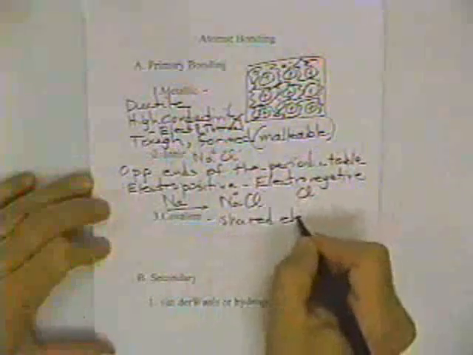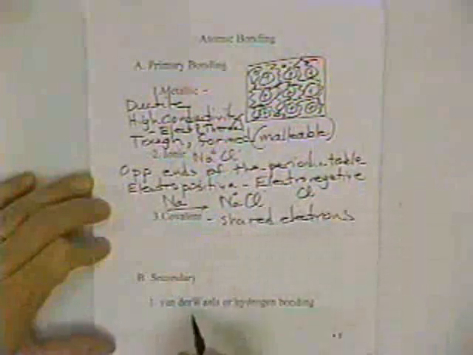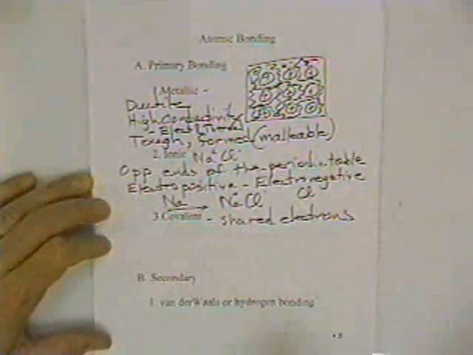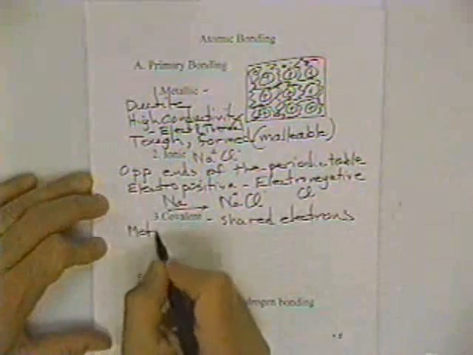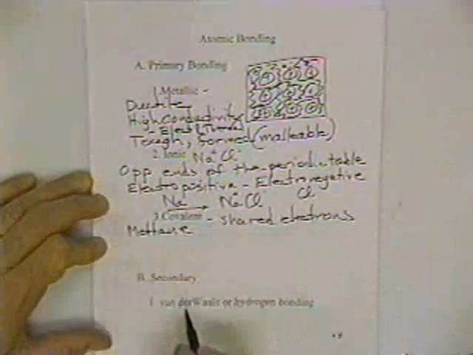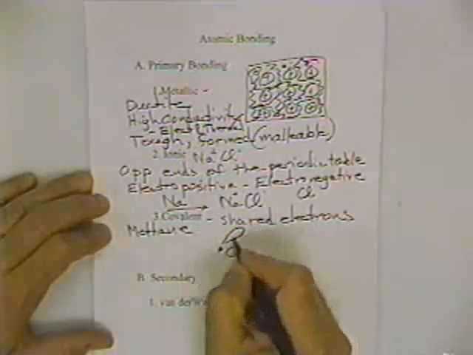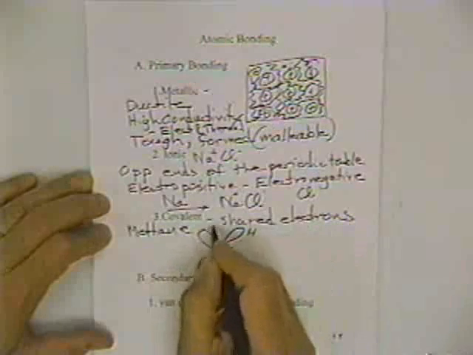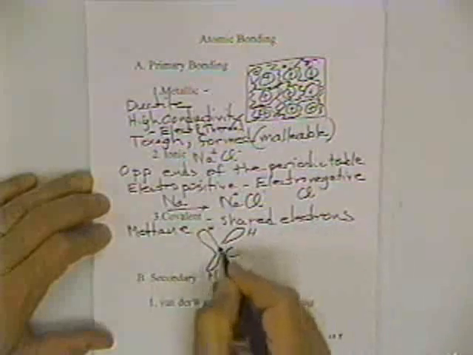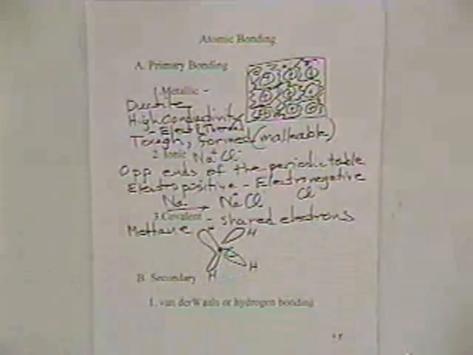Another type of bonding is covalent, and for many materials, there's a mixture of both ionic and covalent bonding. The covalent bond involves shared electrons, and perhaps a classic example, we might take a look at methane, which has a central carbon atom, and it bonds with 4 hydrogen atoms.